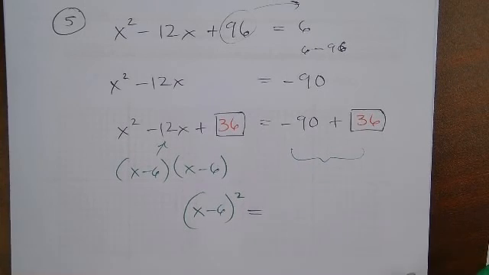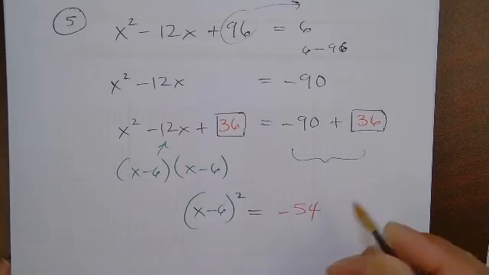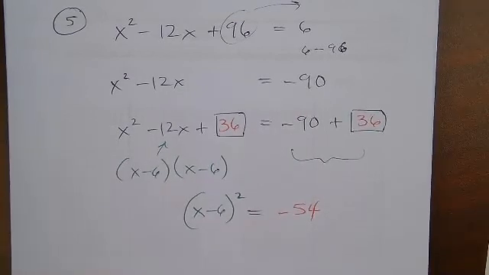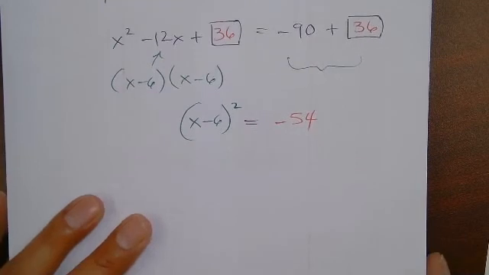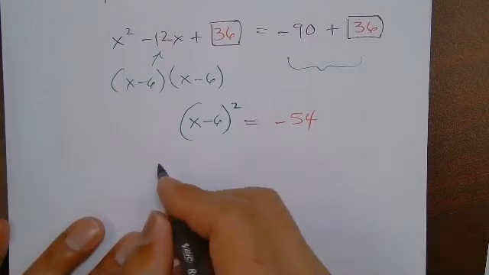So that's going to be, what do we do over here on this side? We completed the square. X minus 6 squared. I like that. Equals, what do you get when you add that? Negative 54.